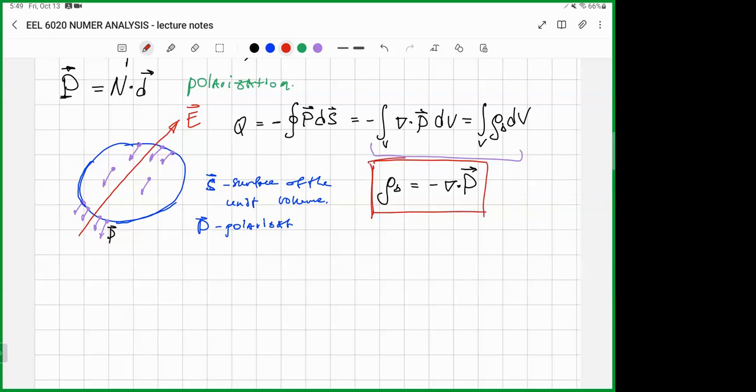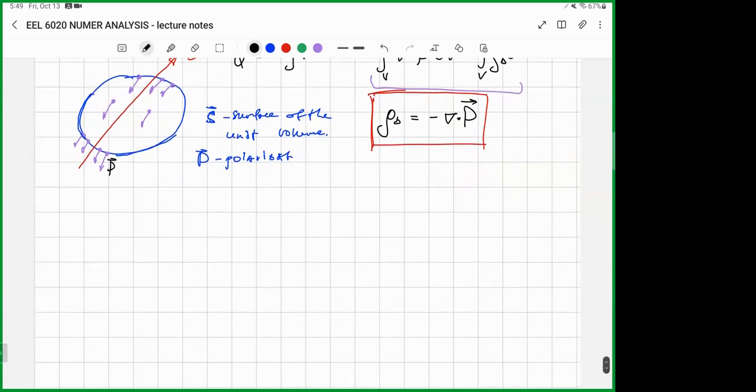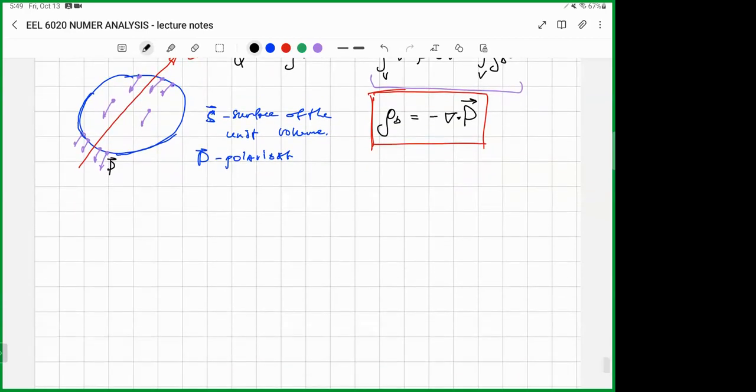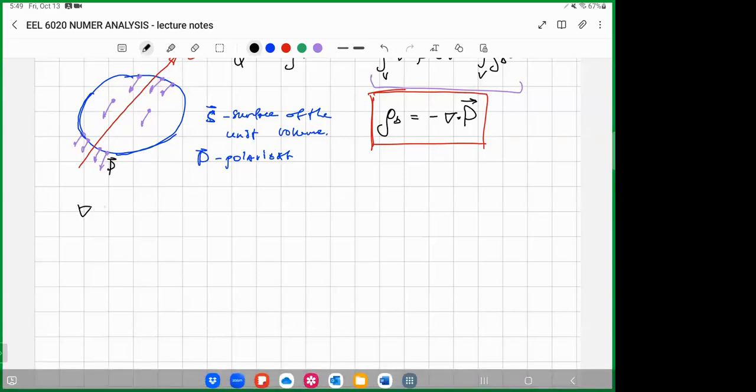Okay, so the polarization vector is defined in a way that if I take the divergence of the polarization, it gives me the charge density of bound charges in the system, in the dielectric. Now this formula allows me to introduce the dielectric to the first Maxwell equation.